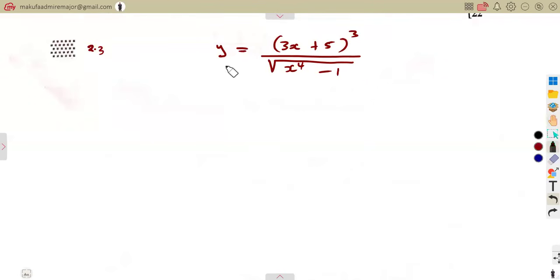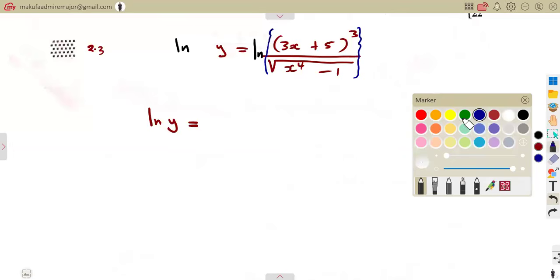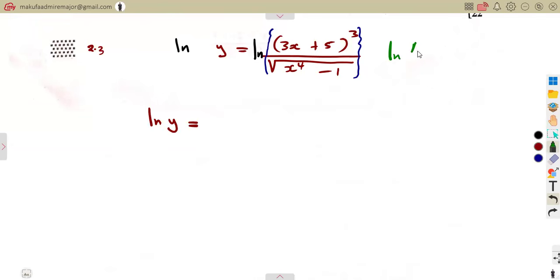If you introduce the ln on this side, we introduce the log on this side. That means you obtain the ln of y equal to. So far we have a fraction with two terms, one in the numerator and one in the denominator. So consider it as that. Remember, the ln of a over b is the ln of a minus the ln of b, from our laws of logarithms.